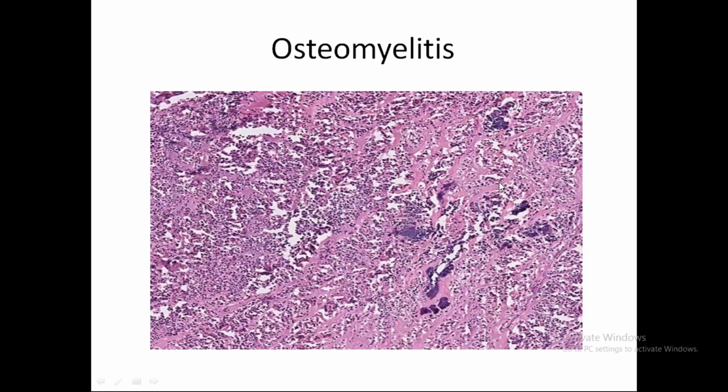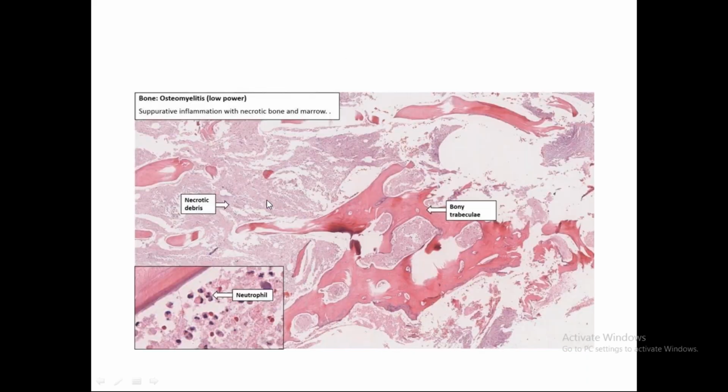I'm sorry, it is moving very quickly. You can see a collection of degenerating neutrophils all over the bony fibrillary part and a background of necrosis. You can see nicely, this is all the lamellar bone, okay, with the intervening marrow completely filled with necrotic debris as well as suppurative inflammation associated with fibrillary necrosis.